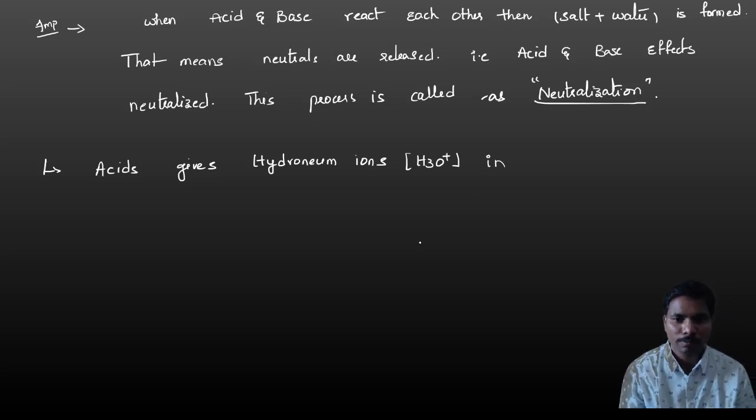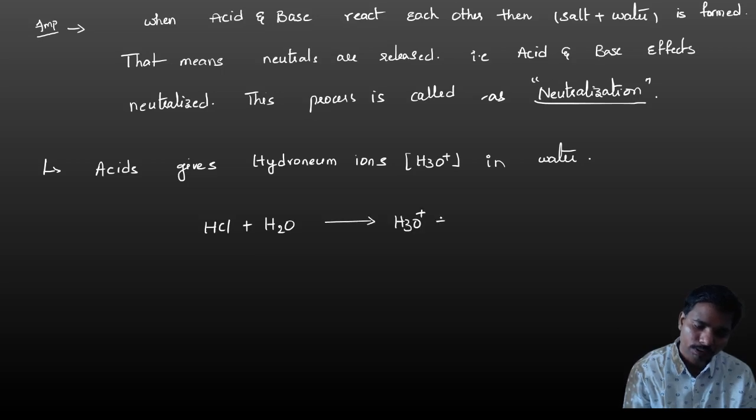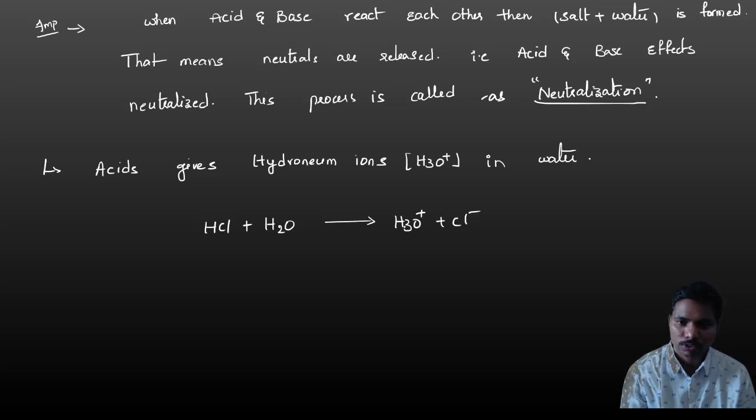Hydronium ions are used where? In case of water. Okay, this is also very, very important. For example, if you add acid to the water, then you will get H3O plus and Cl minus. This is the hydronium ion.